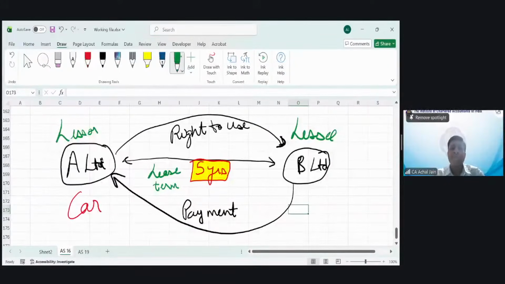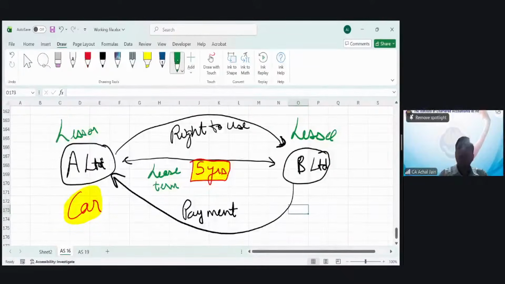Right? In this case, there's an asset which has been given on lease by lessor to lessee. Okay. Car. So this asset, which is part of the lease arrangement, which is given on lease, means the underlying asset.